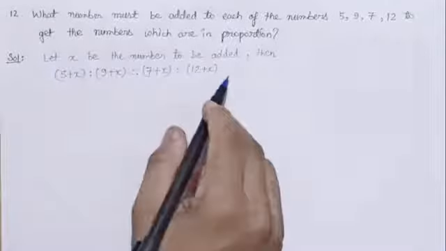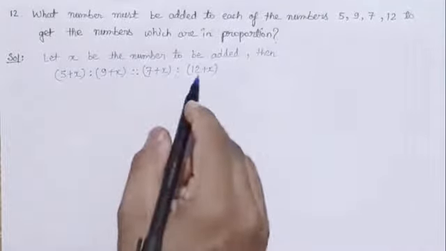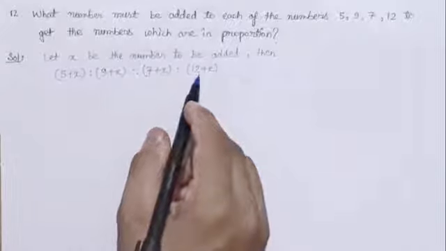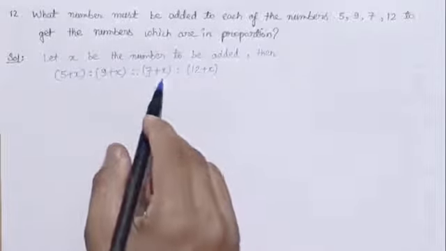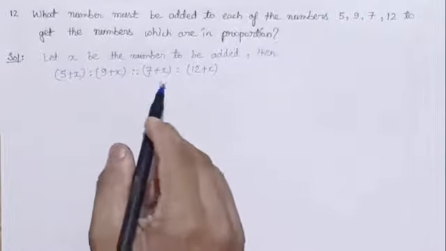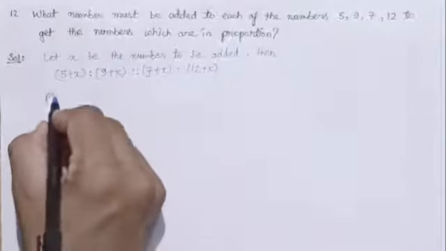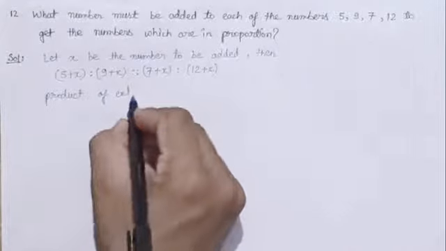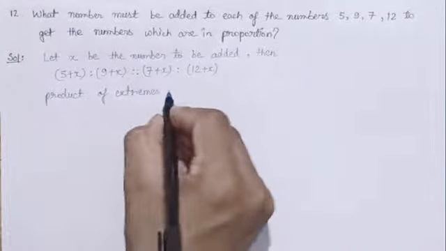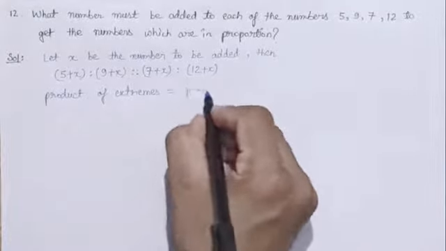And from this expression, we can write 5 plus x into 12 plus x equals 9 plus x into 7 plus x, because product of extremes is equal to product of means.